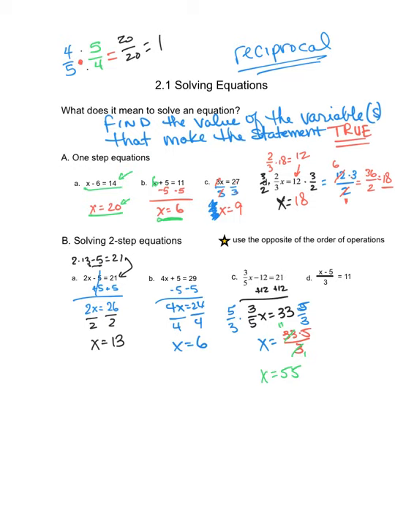And last but not least, ladies and gentlemen, letter D. What would you like to do first? We have to get rid of the -5 and the 3 in order to solve this. What are we getting rid of first, the 3 or the -5?